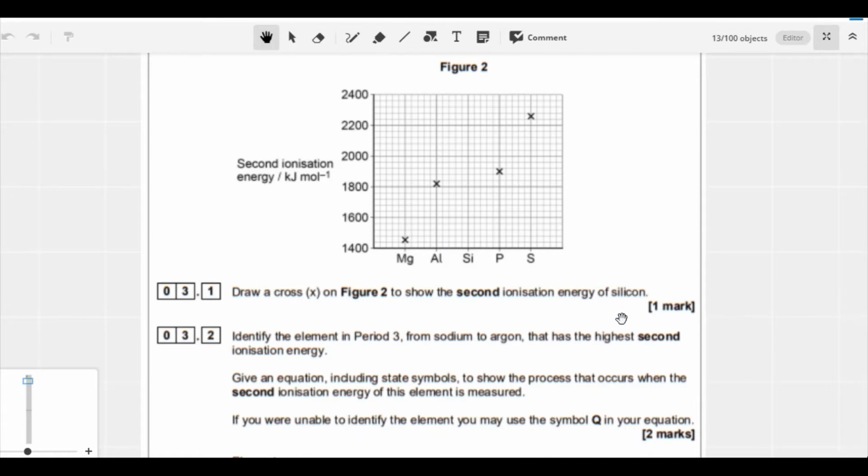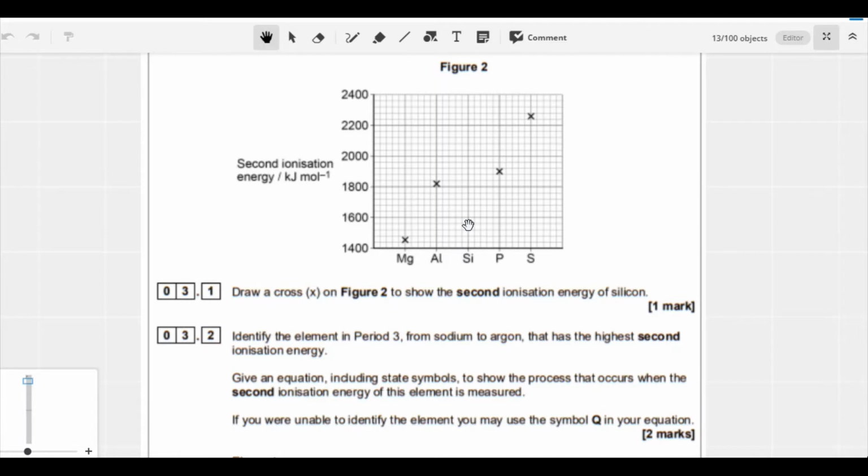Remember that the second ionization energy of silicon lies between magnesium and aluminum. For example, magnesium is roundabout 1350 and aluminum is 1800. So that is the intermediate between magnesium and aluminum.